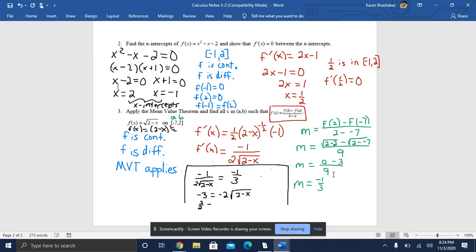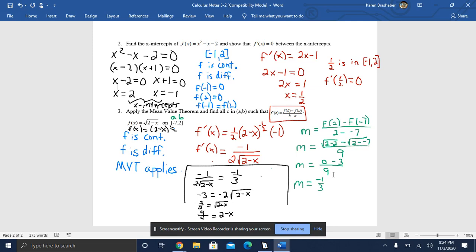So that'll give me +3/2 equals the square root of 2 minus x. I can square both sides to get rid of the radical sign. So squaring, I would get 9/4 is equal to 2 minus x.